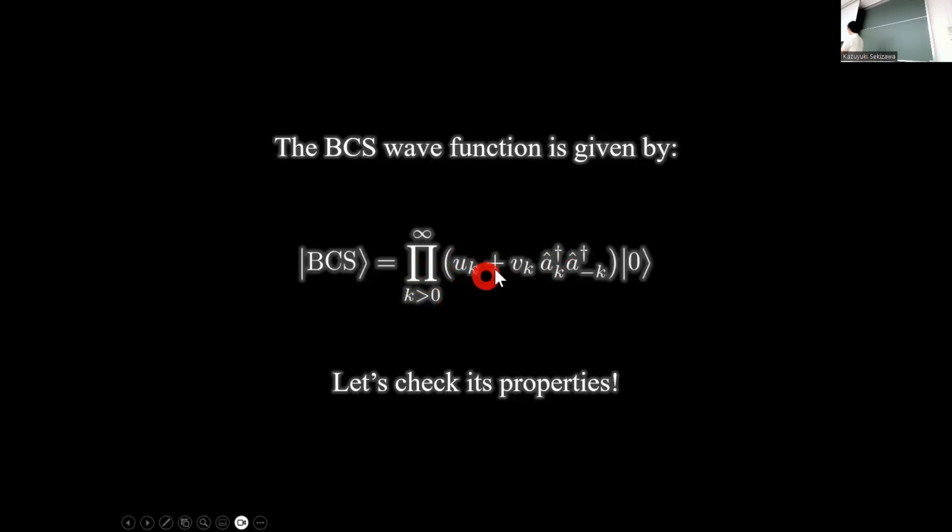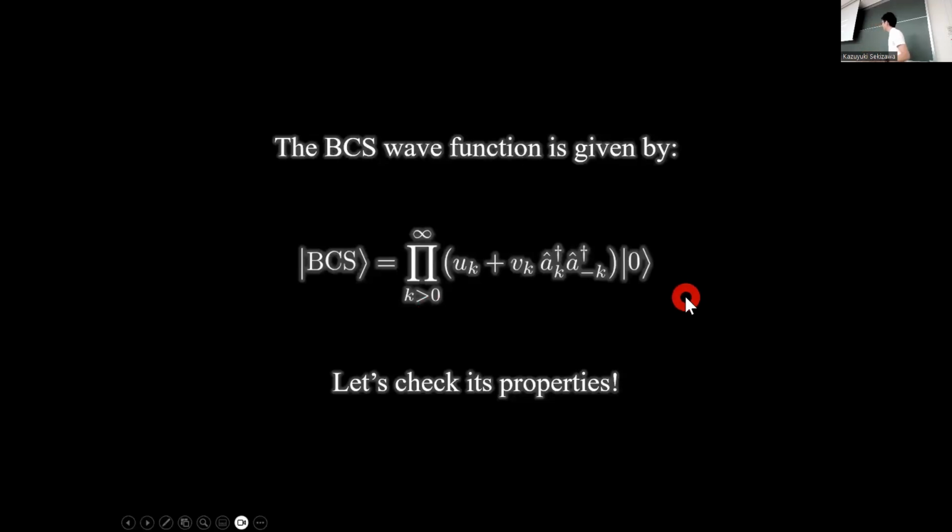Those u_k and v_k are factors related to occupation probabilities that I will explain. And this a_k† corresponds to the creation operator for the states k and −k, so it corresponds to the creation of pairs, Cooper pairs.